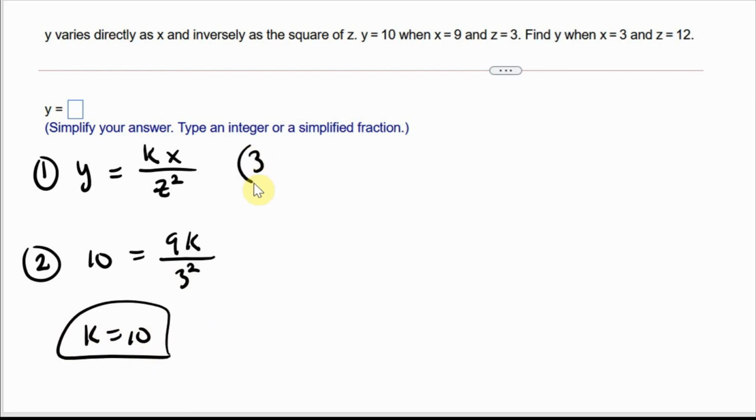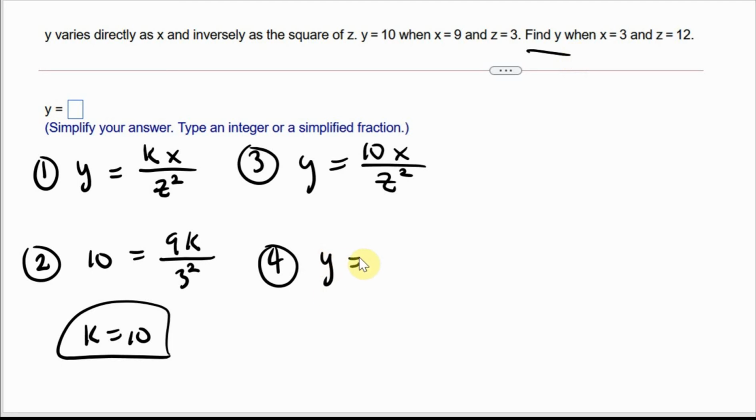So step 3, let's rewrite the equation with the numeric value for k. 10 times x all over z squared. Step 4, find y when x is equal to 3 and z is equal to 12.